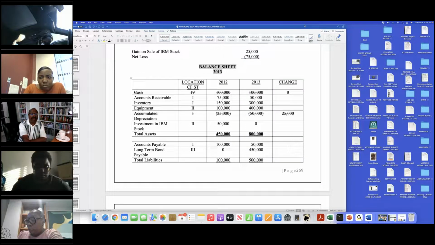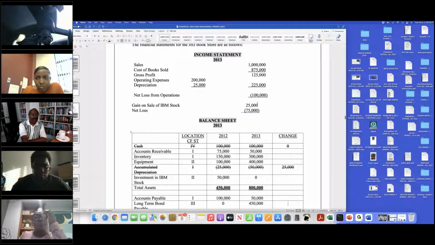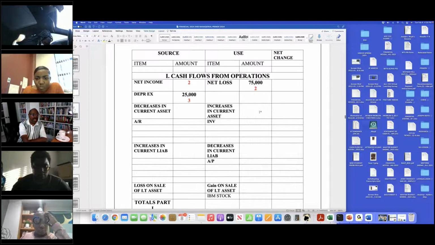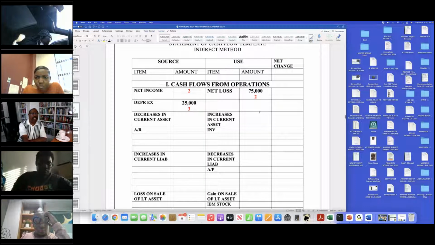Accounts receivable went down by 25,000. Okay, what does the template tell us? First of all, we're in part 1. If there's a decrease in a current asset, it's a source. If there's an increase, it's a use.